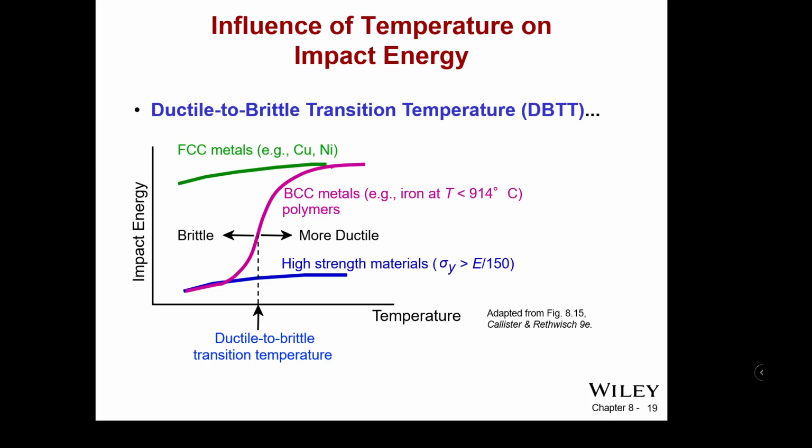So there is a ductile to brittle transition temperature, and temperature is another variable that you're going to play around with in that particular lab. Below that transition temperature, things behave more brittle. Above that, things behave more ductile.